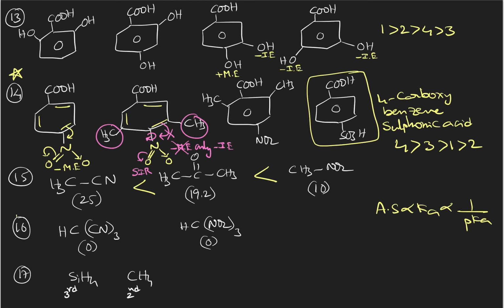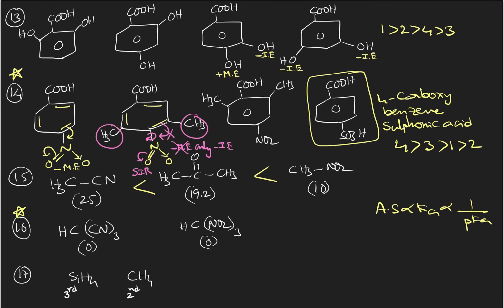Then this is also one interesting example. You see, both of their pKa values are 0. If the pKa values are 0, it means that both of their Ka values are also the same, so they should be equal in their acidic strength. So there is no comparison between them.